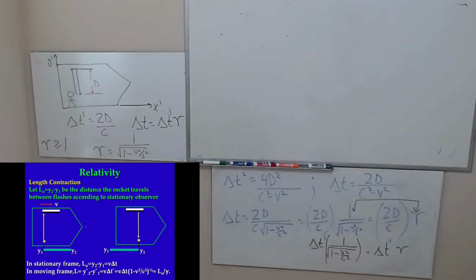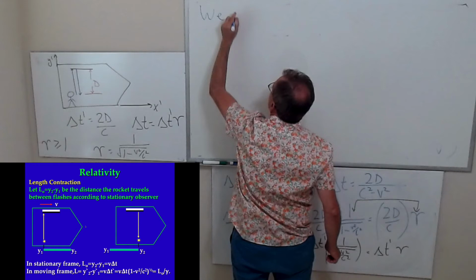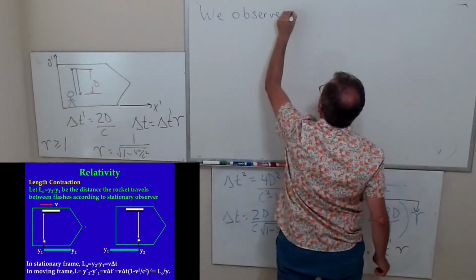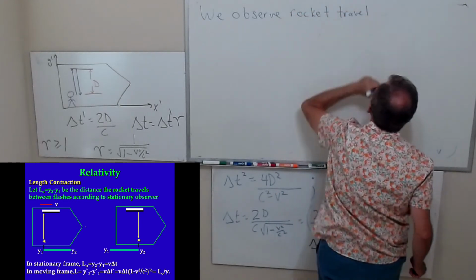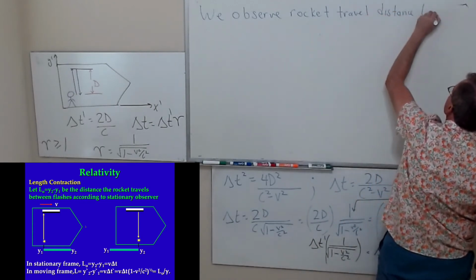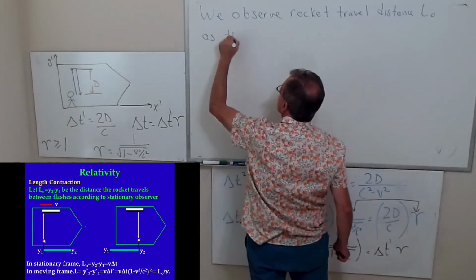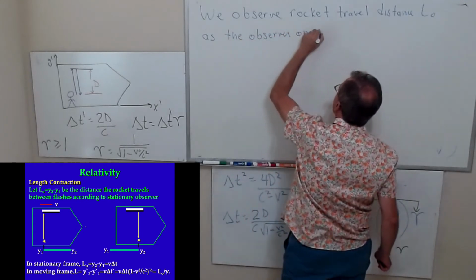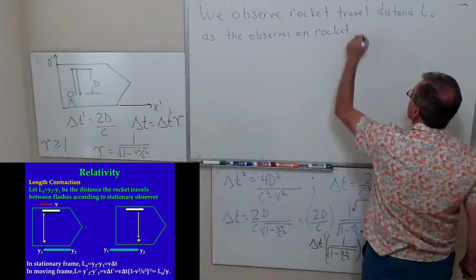So we observe the rocket travel a distance as the observer on the rocket emits and receives a signal.